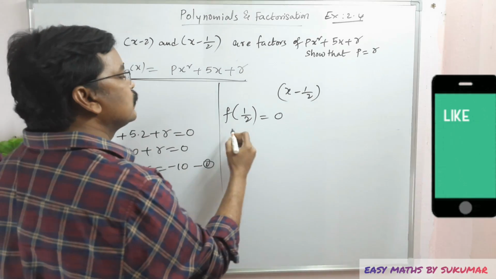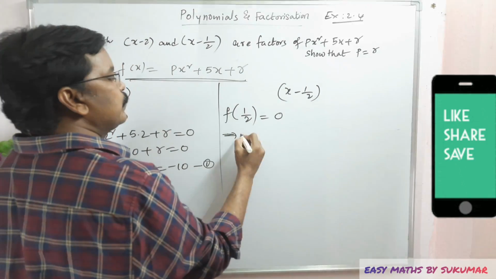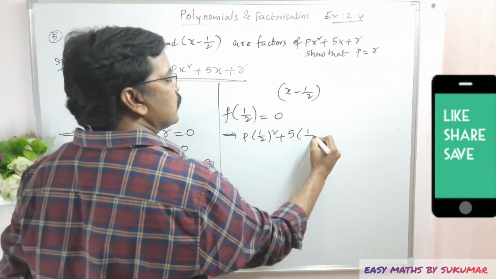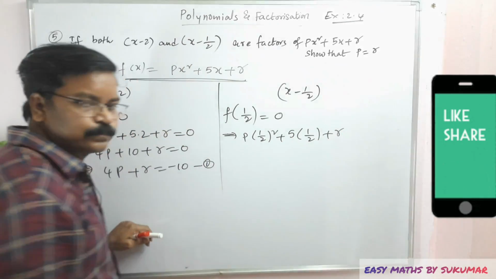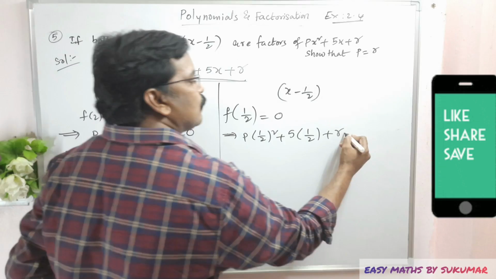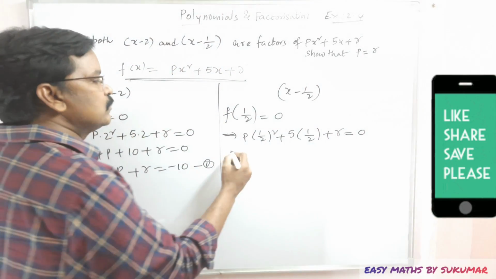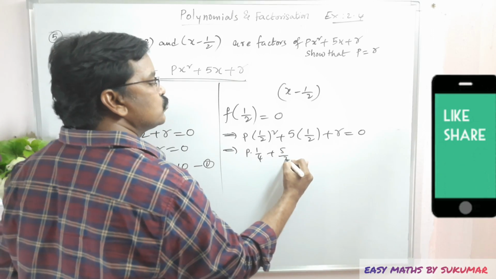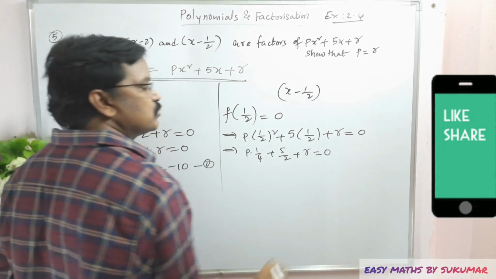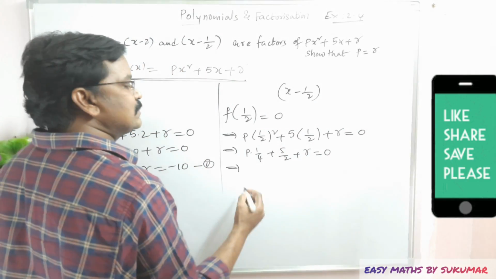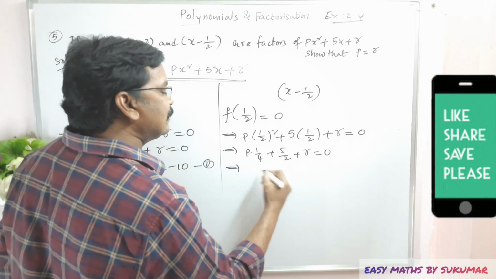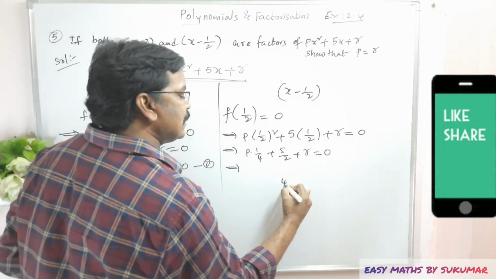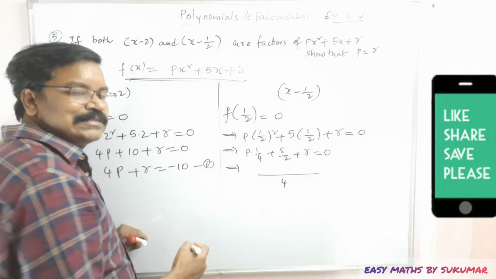Now substitute x is equal to 1 by 2 here. That means p into 1 by 2 whole square plus 5 into 1 by 2 plus r is equal to 0. So this implies p times 1 by 4 plus 5 by 2 plus r is equal to 0. Here the LCM is 4.